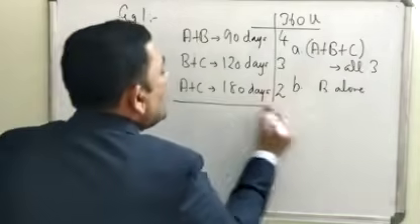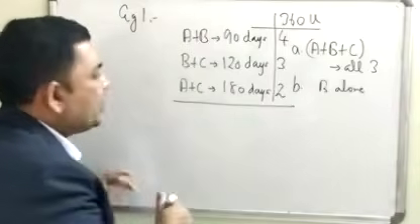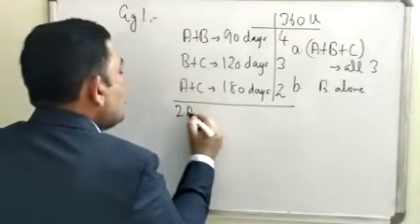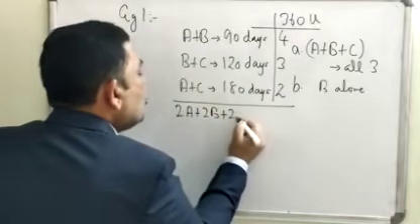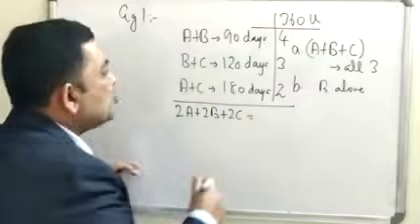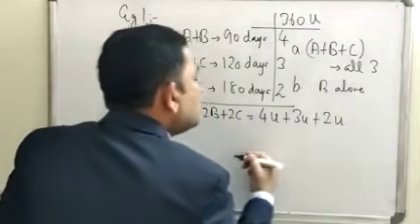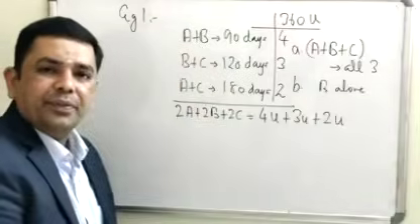We'll add the values on the left hand side. When we add the values on the left hand side, we are going to get 2A plus 2B plus 2C. And when I add the values on the right hand side, I am going to get 4 units plus 3 units plus 2 units.